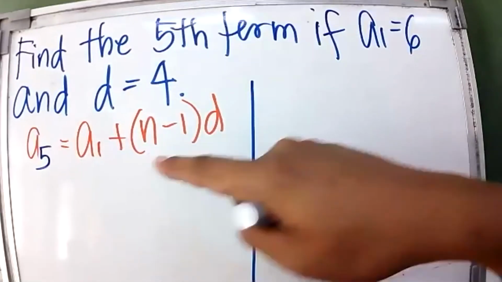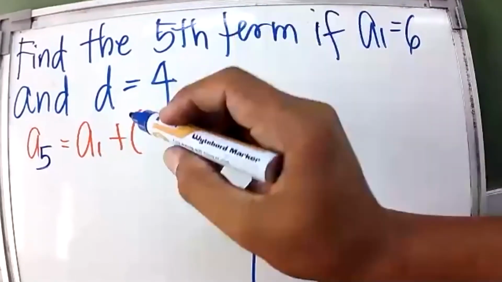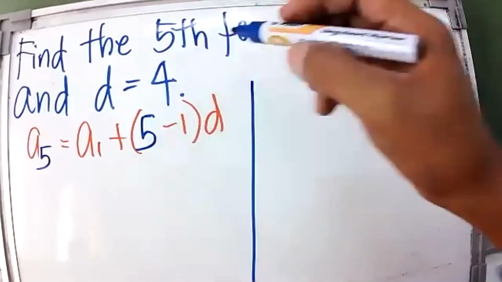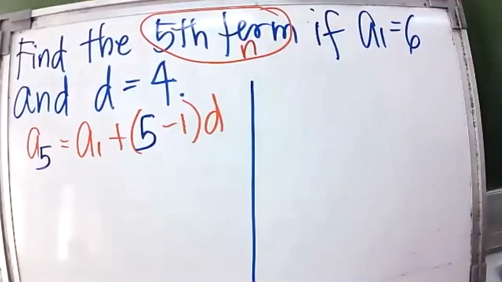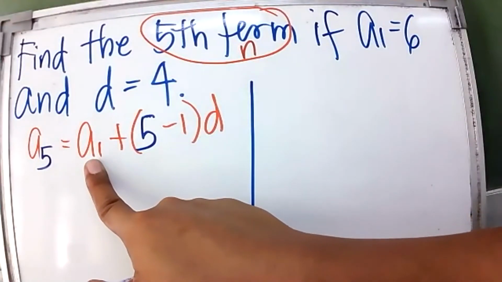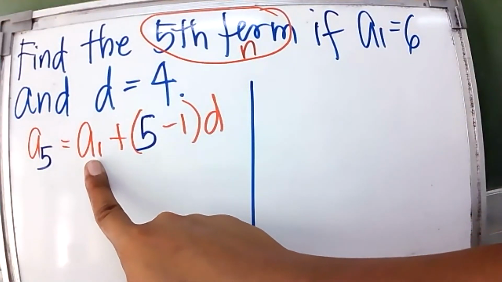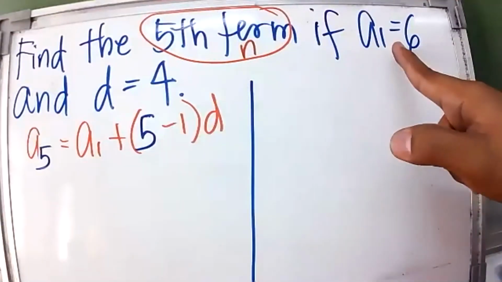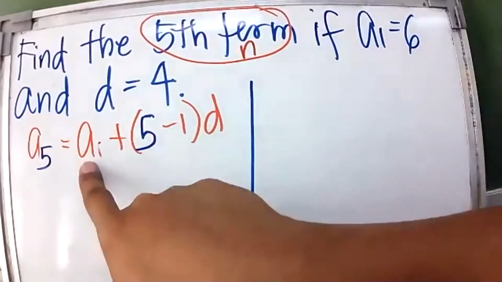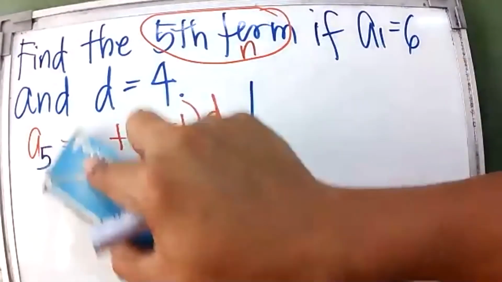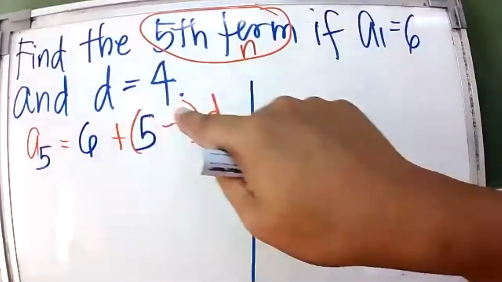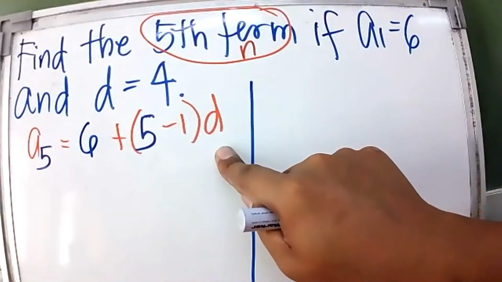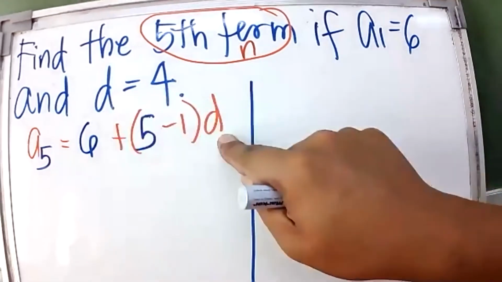Got it? Similarly, I will change this n to 5 because this is the fifth term, the last term, that becomes our n. Next, our a sub 1 is, what's our first term? 6. Okay, let's just change this to 6. And what's our common difference? 4.